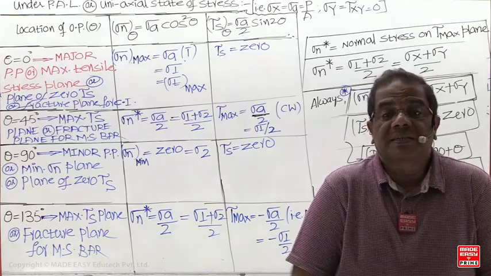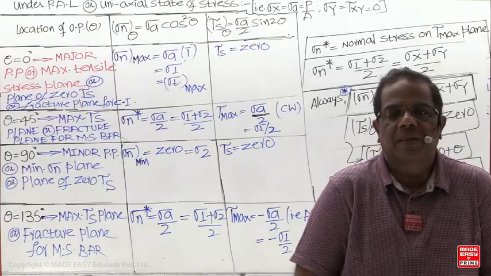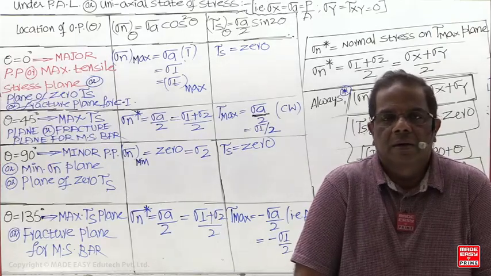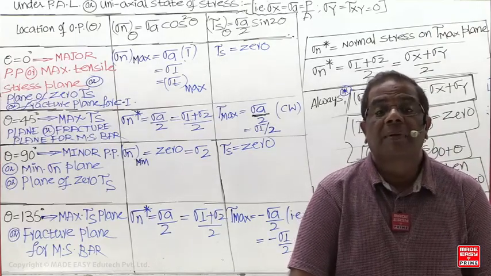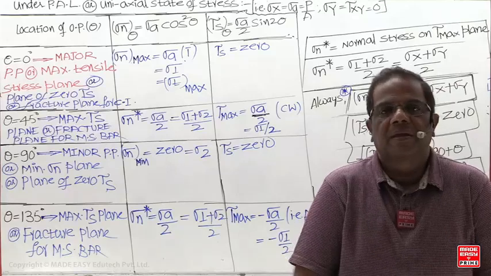When principal stresses are like in nature, they are planes of maximum and minimum normal stresses.